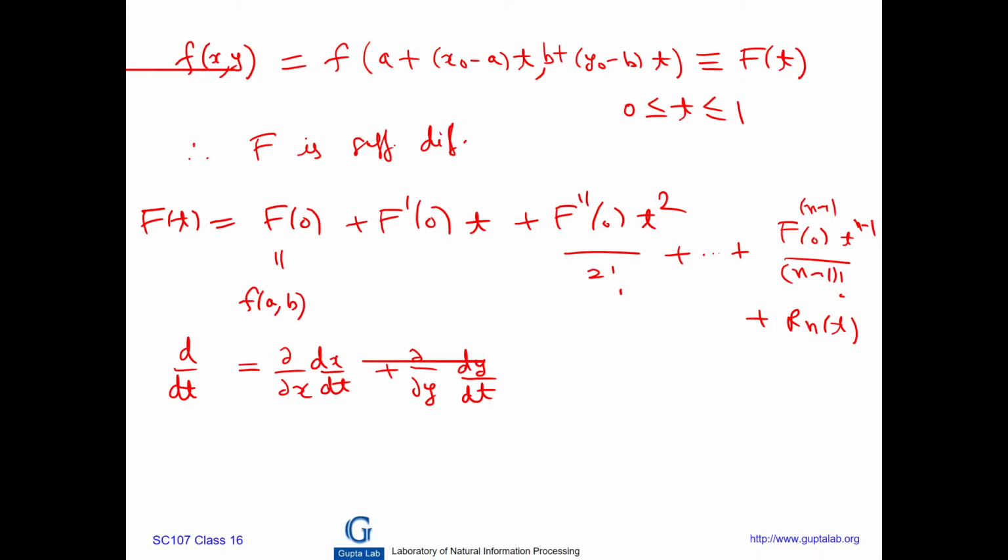Okay, so now del over del x basically, if you take this quantity, I denote it by x naught minus a times del over del x, because dx over dt, you know what is the value of dy by dt, because x is this and y is this, right?